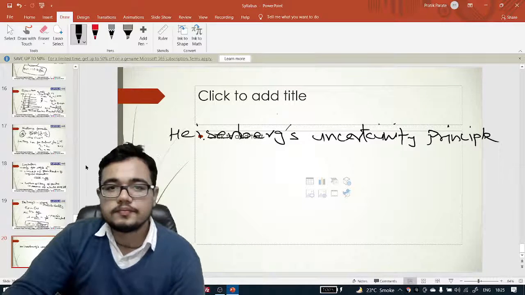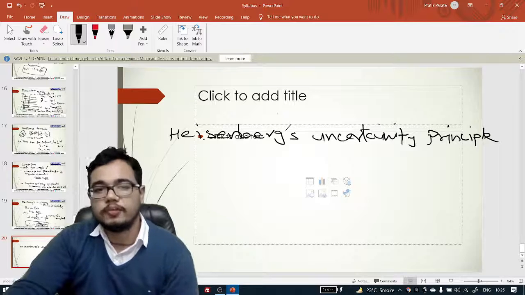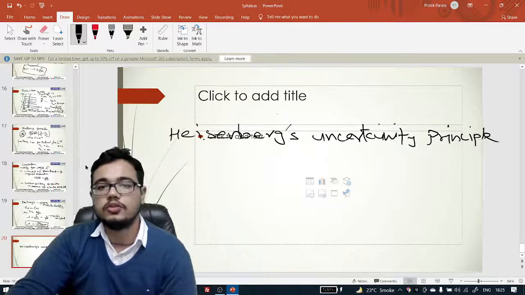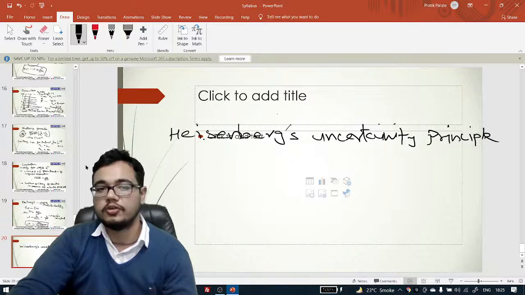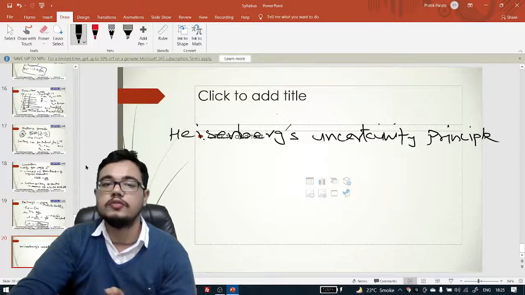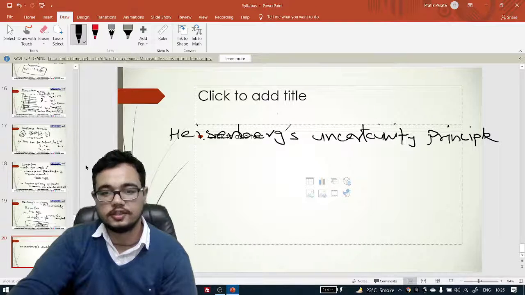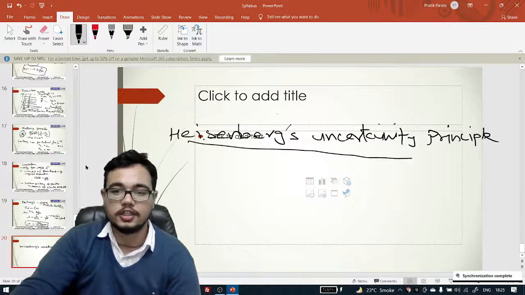Heisenberg said that for any subatomic particle, it is impossible to exactly calculate its momentum and the position at the same time. So we cannot calculate the momentum and position of a moving subatomic particle at the same time. That was Heisenberg uncertainty principle.